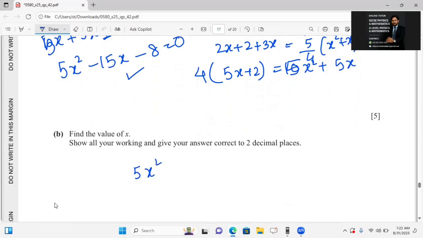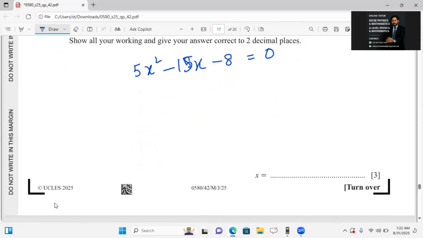5x squared minus 15x minus 8 is equal to 0. Can I factorise it like that? No, it means I will have to use the quadratic formula. x is equal to minus b plus or minus the square root of b square minus 4ac over 2a.